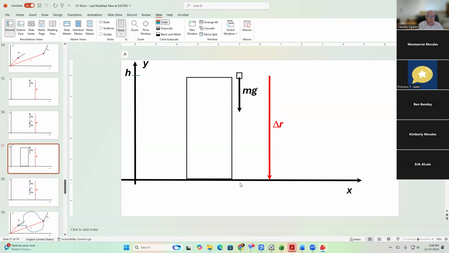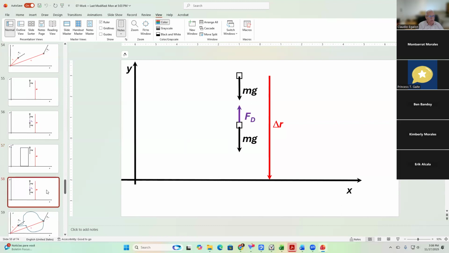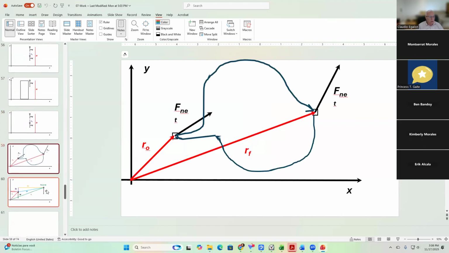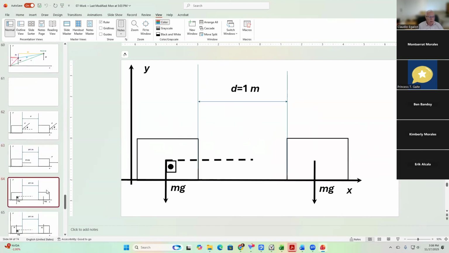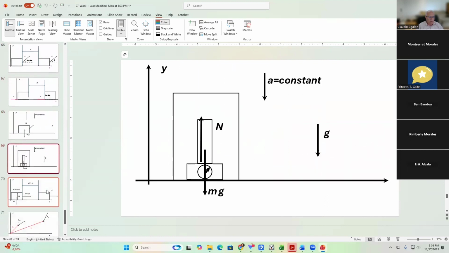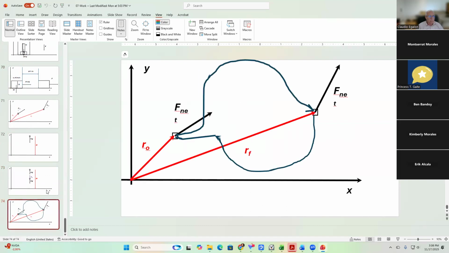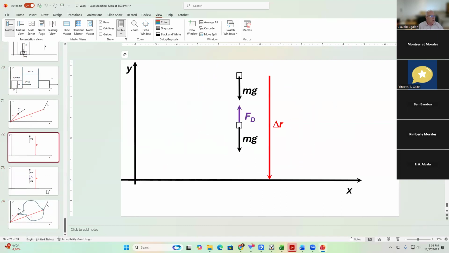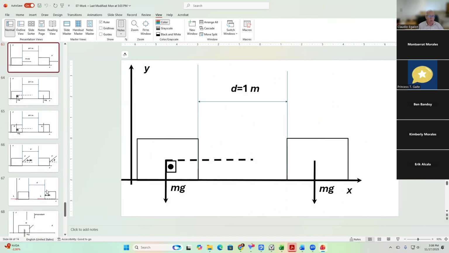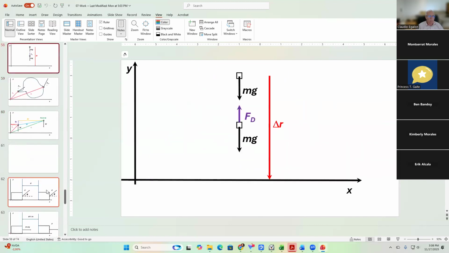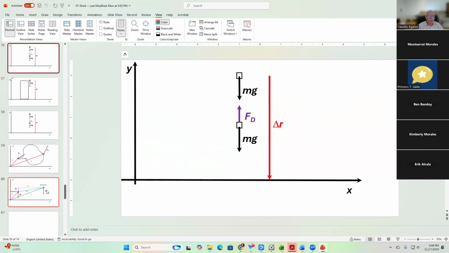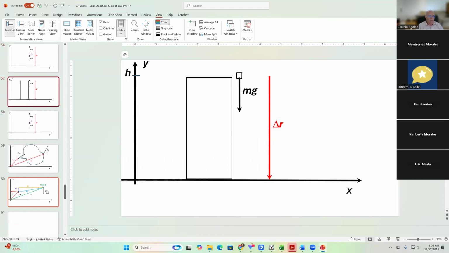It's going to impact when it reaches the floor. I don't have a better drawing, so the way you do it is like that.